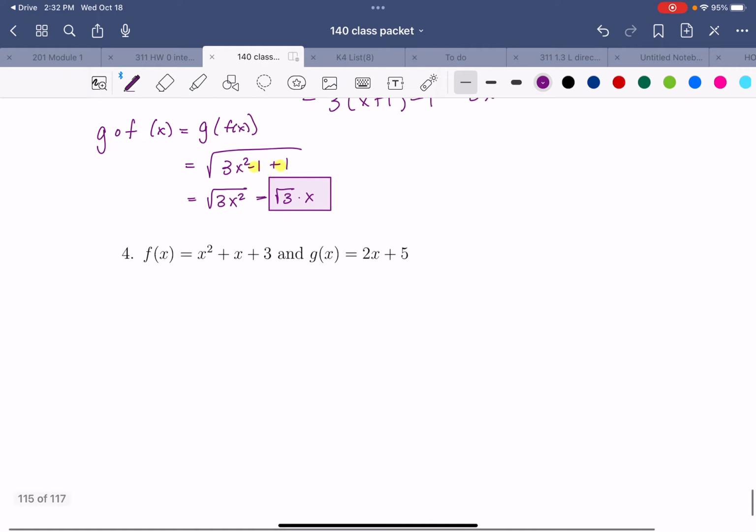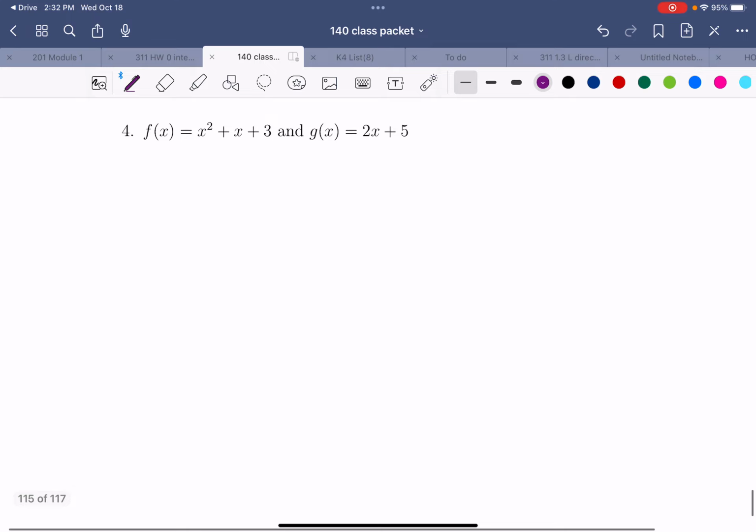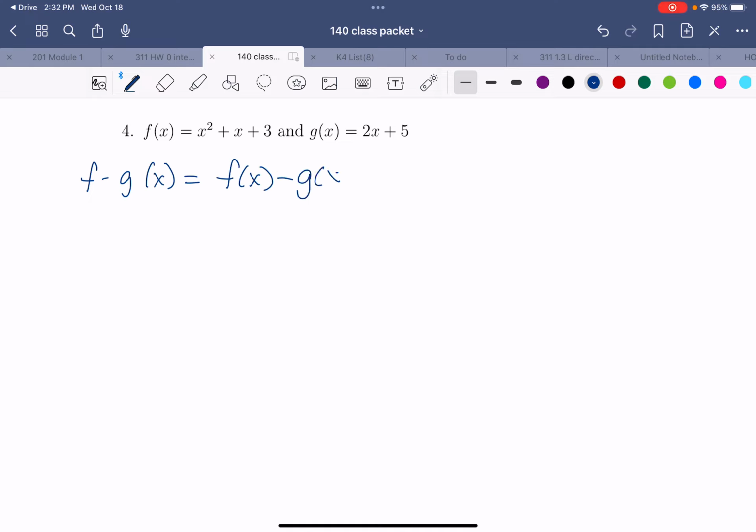And lastly, for this part, we've got f of x equals x squared plus x plus 3, and g of x is 2x plus 5. So let's start with (f minus g)(x). That is f of x minus g of x. And we're going to take x squared plus x plus 3, and we're going to subtract.